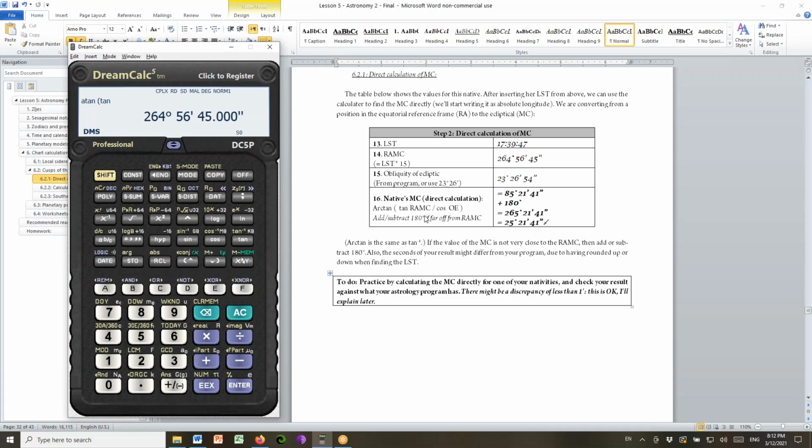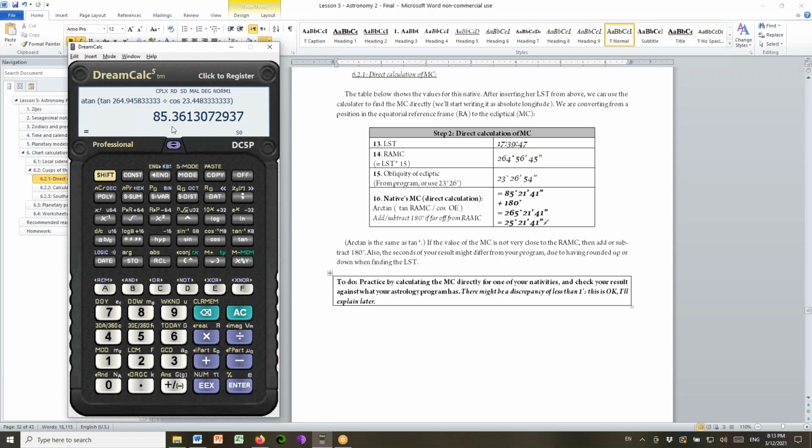And then we are going to divide that, so we can use the slash or divide, by the cosine of the obliquity of the ecliptic. So we just click cosine, and then type in 23, 26, 54, and then we add in the final parenthesis. And this will calculate it all in one fell swoop.